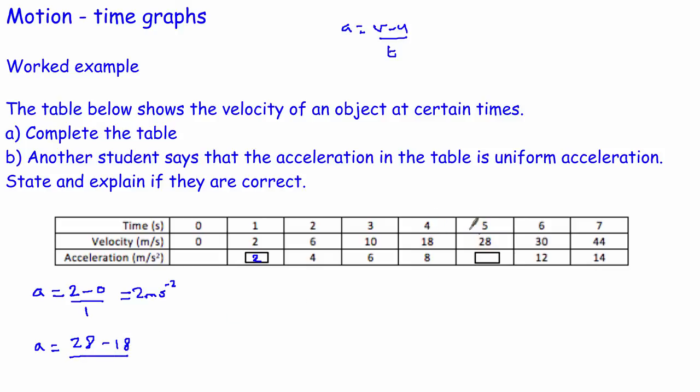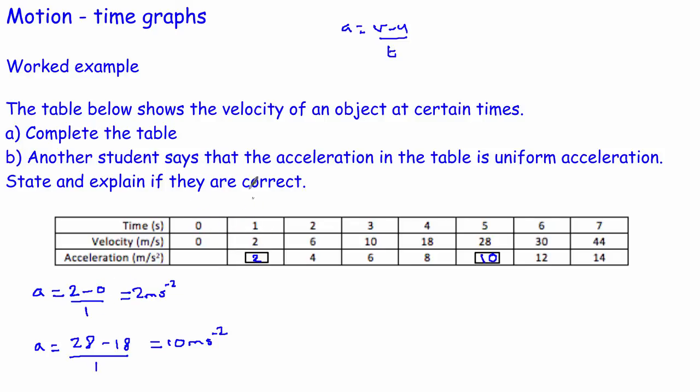Again, it went from 4 seconds up to 5 seconds, so that was 1. So 28 minus 18 is 10, divided by 1, is 10 meters per second squared. So we could write a 10 in this box like that. So we've completed our table simply by looking at the final velocity minus the initial velocity and dividing by how long it took for that change to happen.